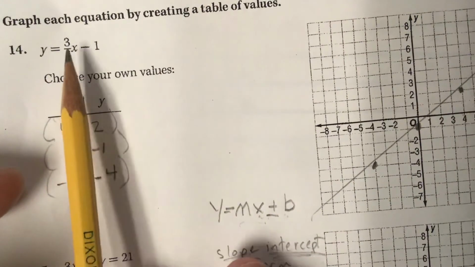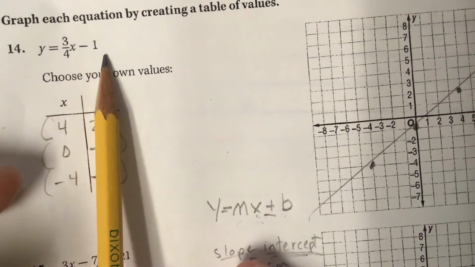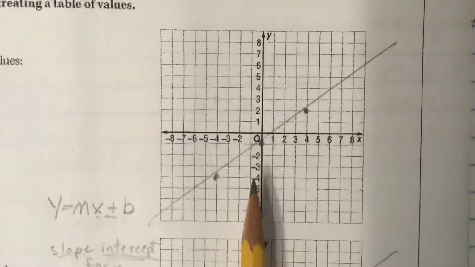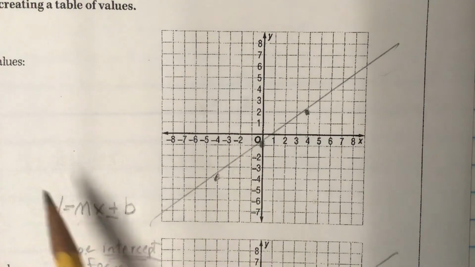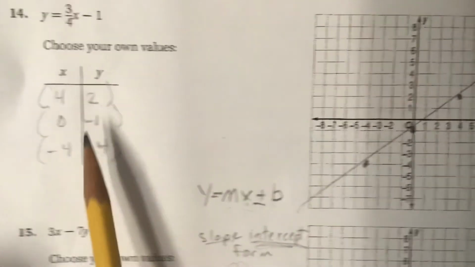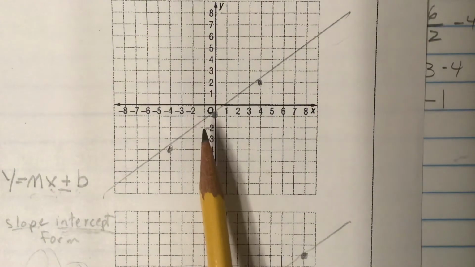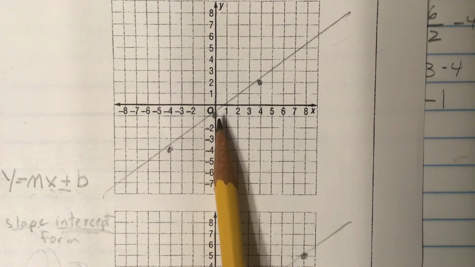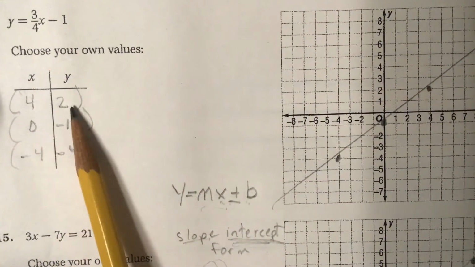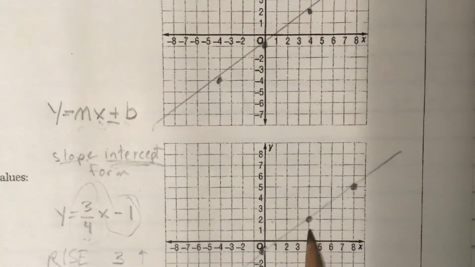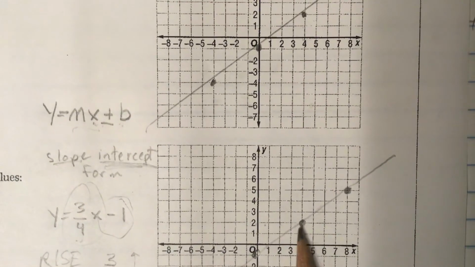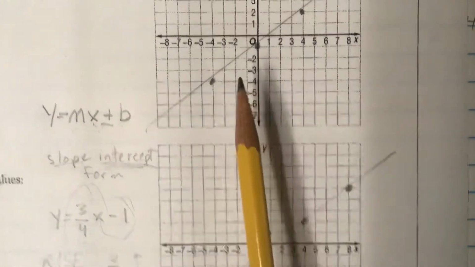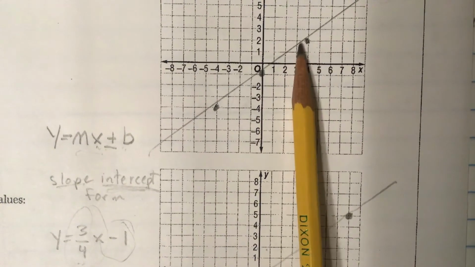And if you notice, my line goes straight through those points, just like the line that we drew above it. It's the same equation, y equals 3/4 x minus 1. And on the one that we plotted using our t-square, we used -1. That was one of our plot points. And then the other plot point was 4, 2, which on this one, we're at x 4, y 2. On the top one, x 4, y 2.